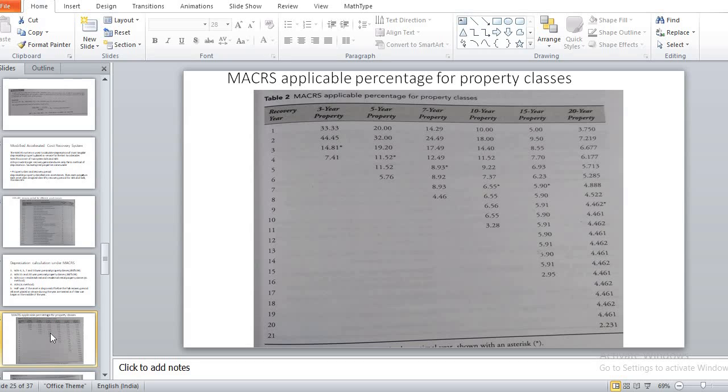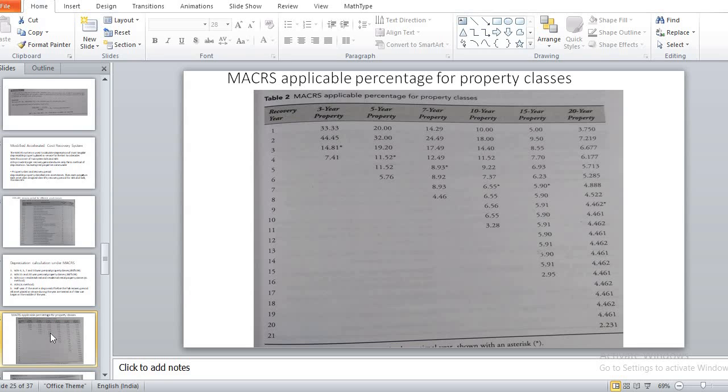So some tables are also given. In this case, the GDS recovery rates for 6 personal property classes are listed in this table 2, and the GDS personal property rates in this table include the half year convention as well as the switch over from the declining balance method to the straight line method.